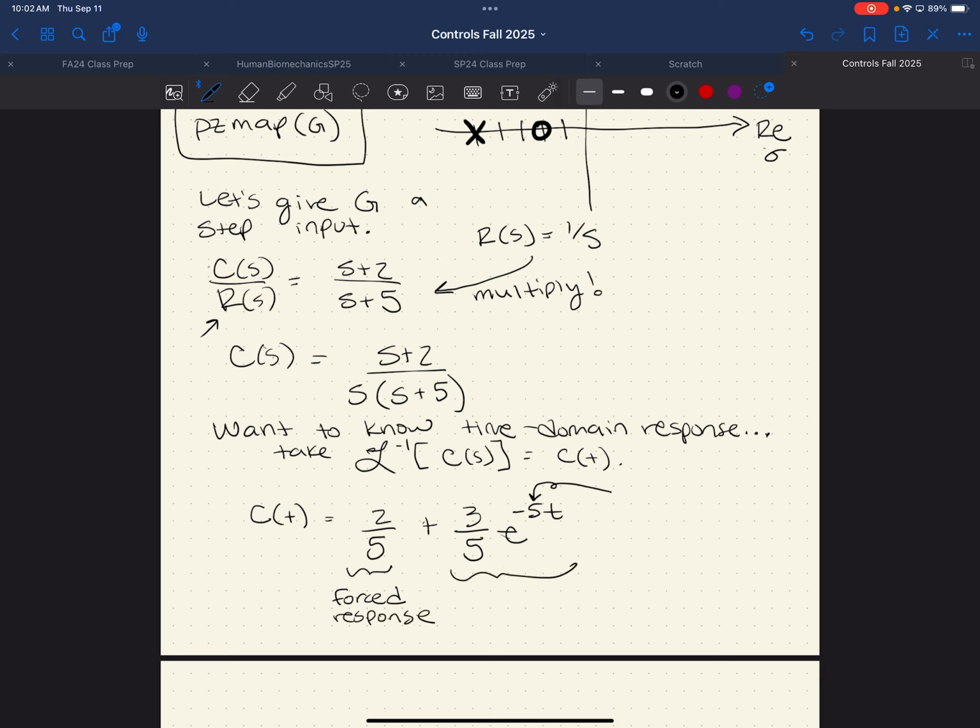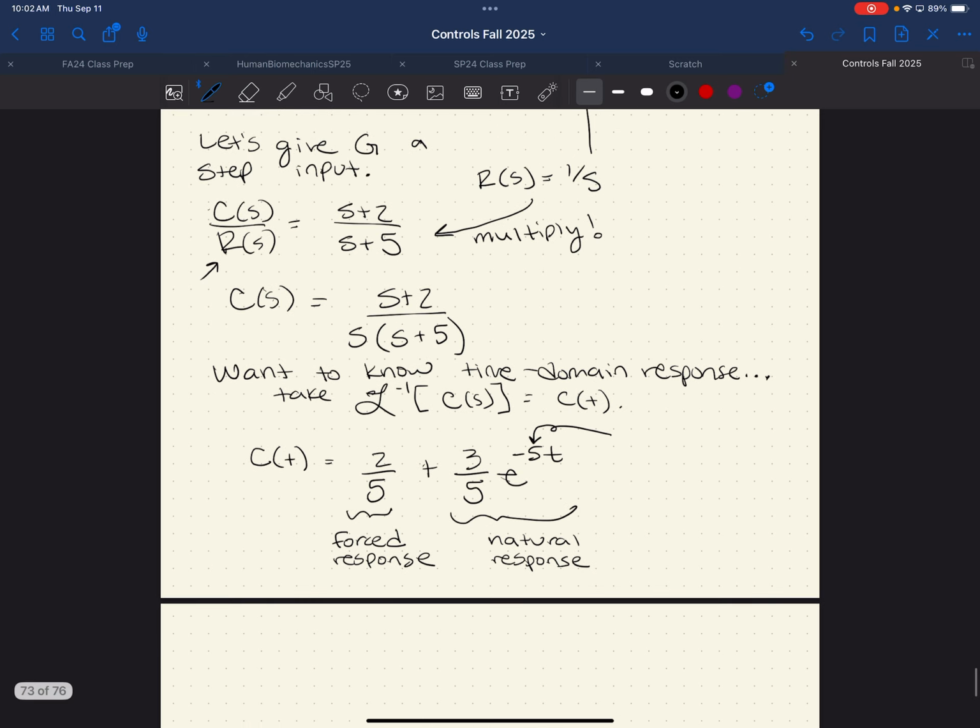This portion is called the natural response. Okay, so the exponential decay here would have happened regardless of what we did to the system. If we had not given it a step input, we would still have this exponential decay. But the 2/5 is specifically because we gave it a step input.